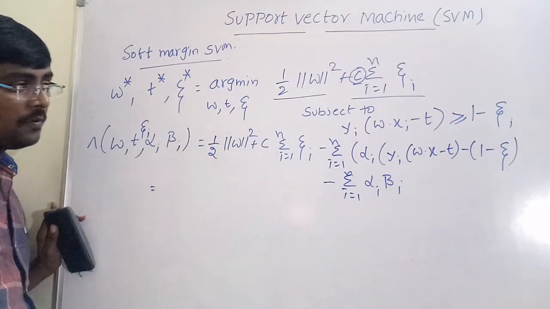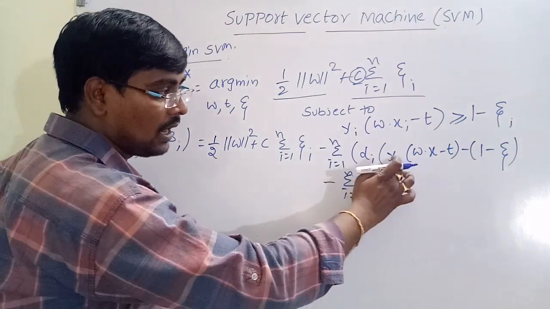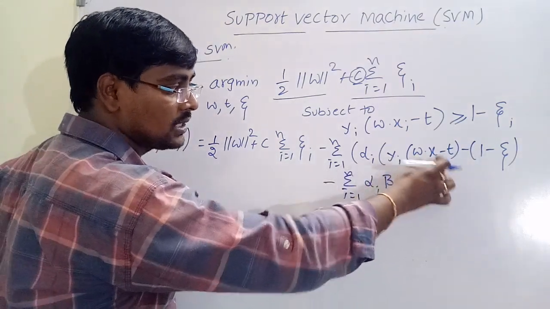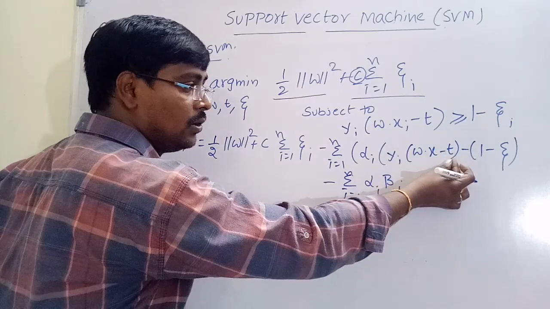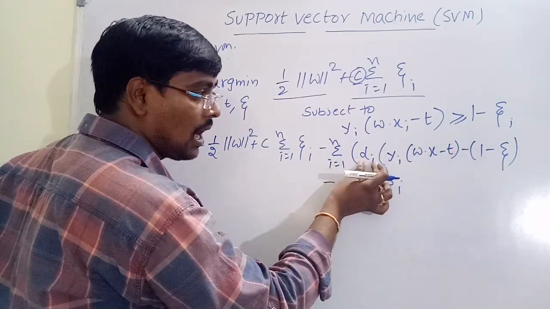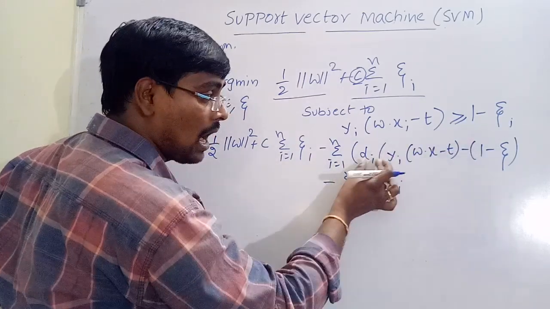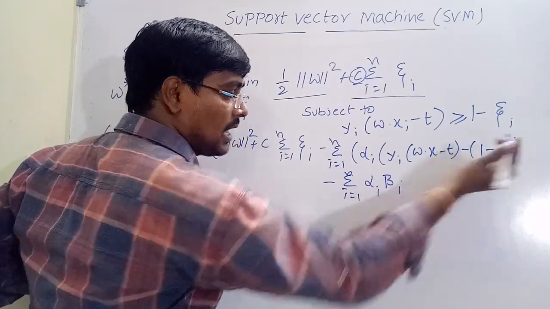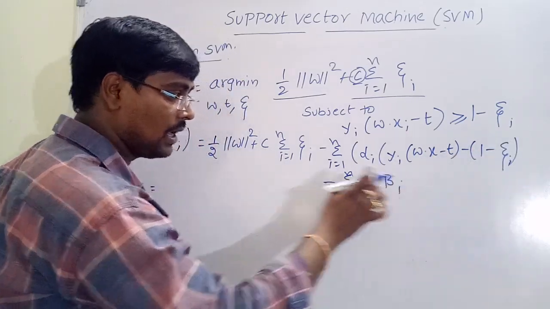By simplifying this equation, alpha i yi w x, alpha i yi into t, again alpha i, slack variable minus alpha i beta i.